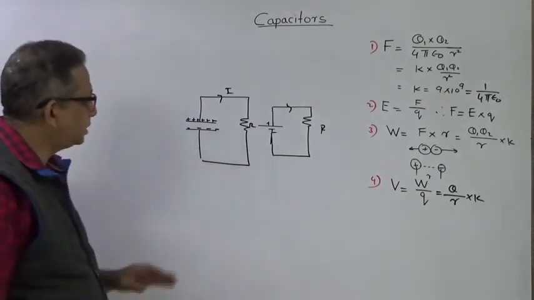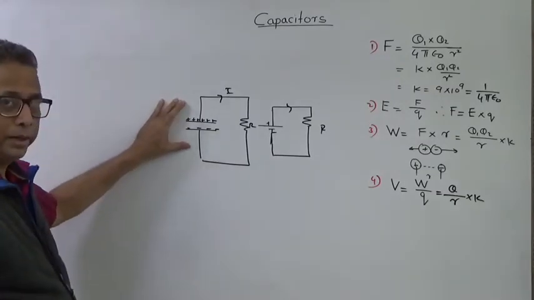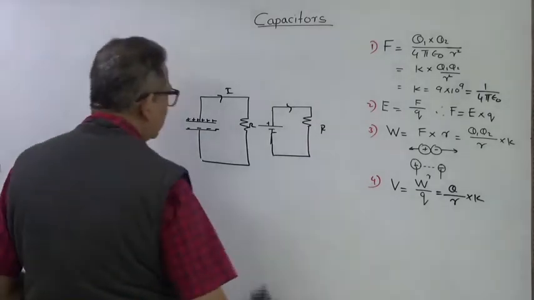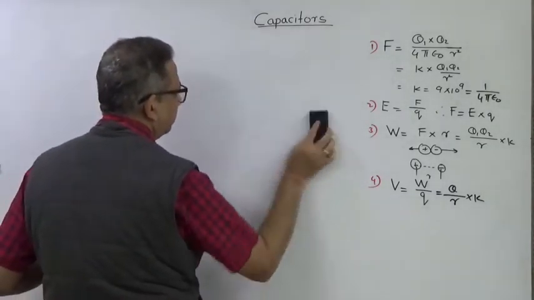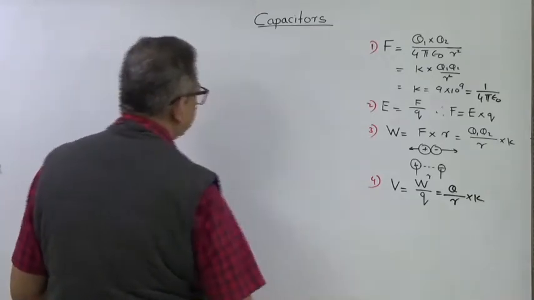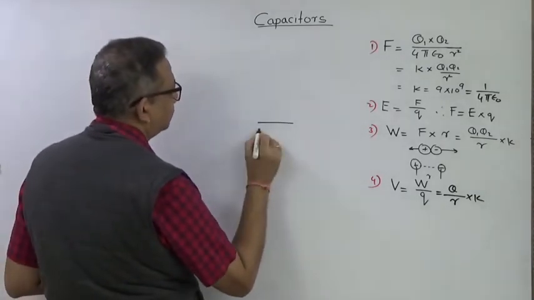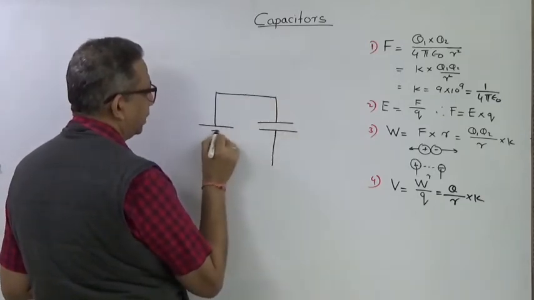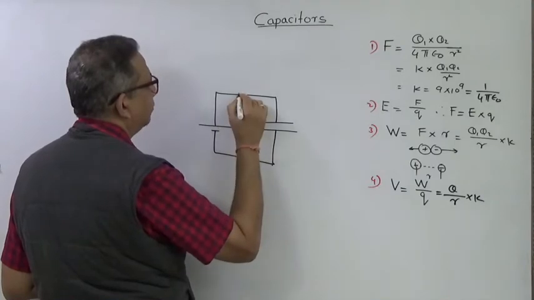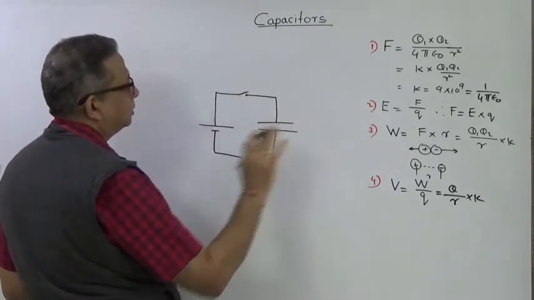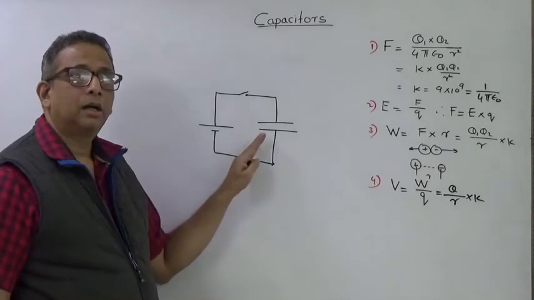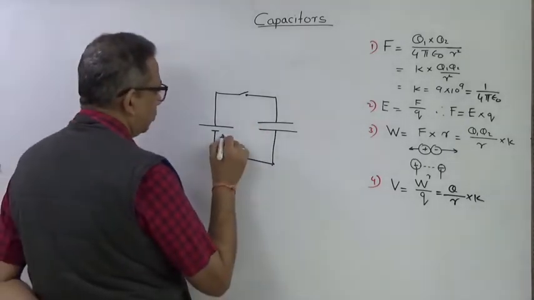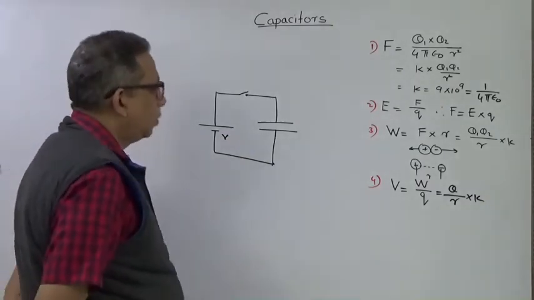So let us understand this capacitor, how it is made and how it functions. Before that, let me show you certain behavior of a capacitor before we try to understand what a capacitor is. If we connect a capacitor to a power supply, and we give a key over here, this is a neutral capacitor, it does not have any charge in it, and this has a voltage V. What happens?